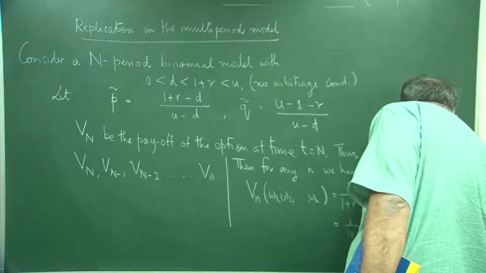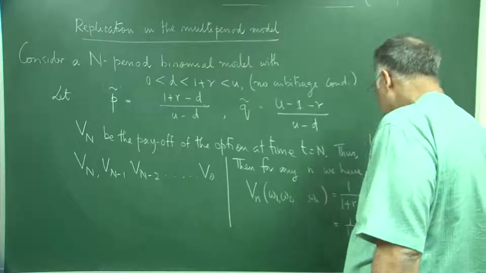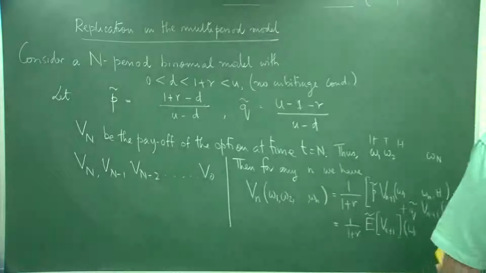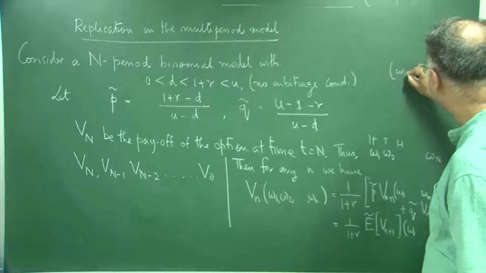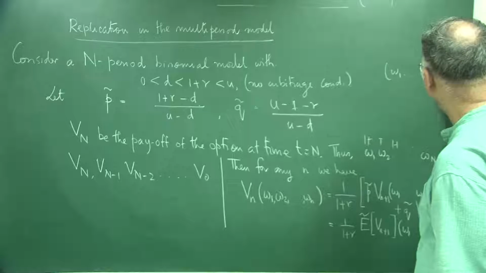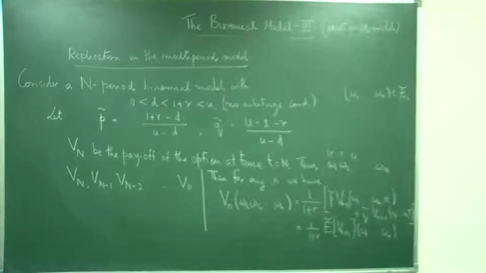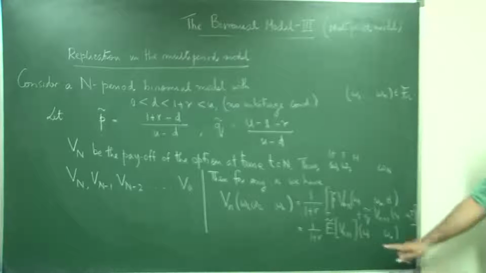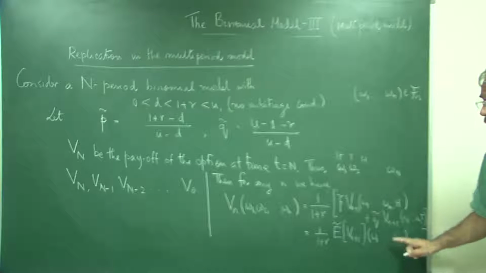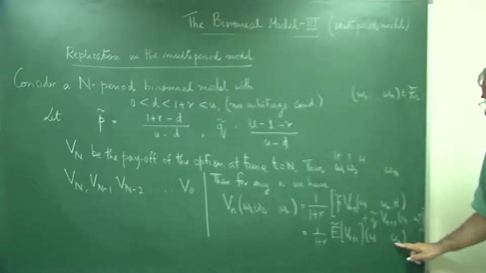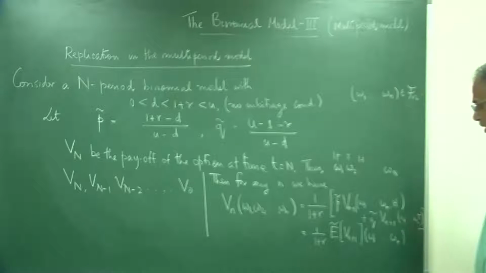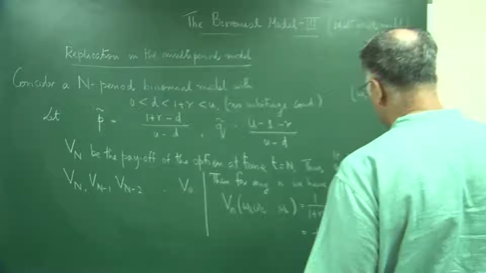So, if I know the information up to n, so omega 1, omega 2, omega n is in the filtration Fn of the sigma algebra, if you want to write it like that. Then this is nothing but the conditional expectation, if you have learned conditional expectation, and that is what we will talk about in the next talk.